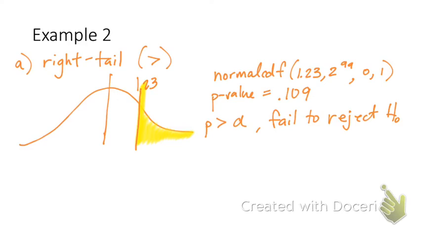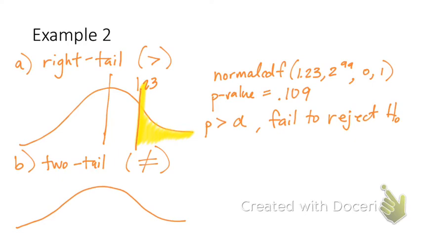Okay, part B. This is a two-tail test, so what would two-tail be? The not equal to. Left tail is less than, right tail is greater than, and two-tail is not equal to. In my picture, because my test statistic is negative 2.01, it's going to be over here.